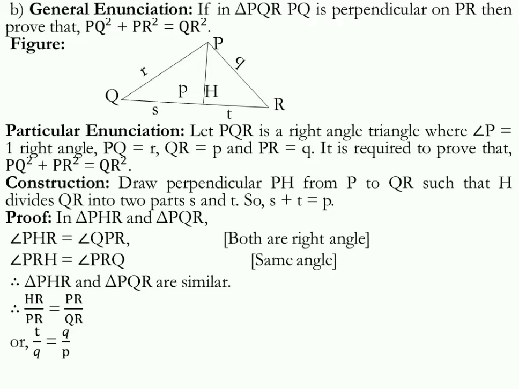Now HR is represented by t, PR by q, and QR by p. So if we replace them by that short form, then it is t by q equals q by p. Now if we make the cross multiplication, then it should be like this: q square equals pt. Let us call it equation number 1.